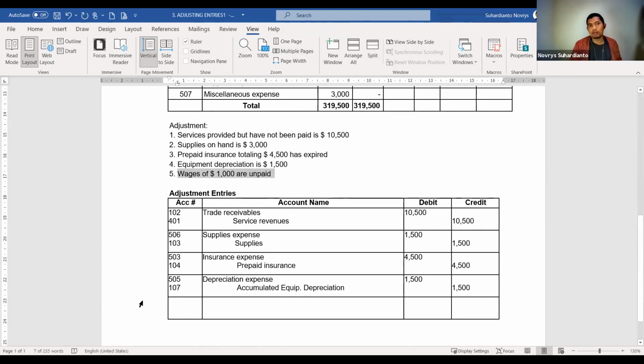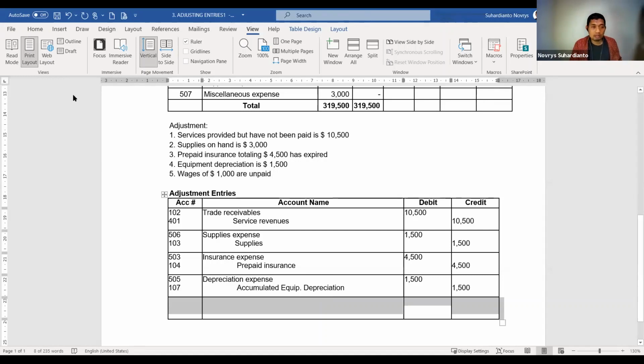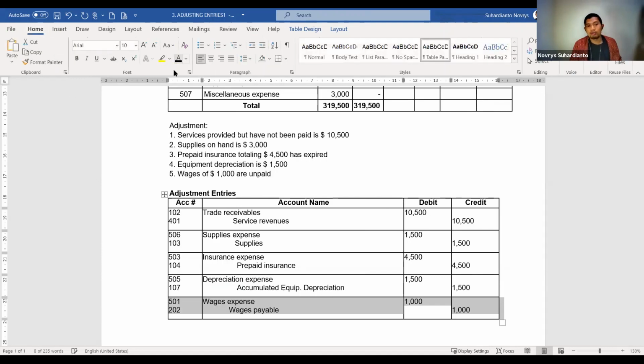That means we already consumed the benefit of the service from the employee, but we have not paid their salary yet. So when we consume the benefit of the employee, we record expense, but because we haven't paid their wages, we have to record payables. So here we debit wages expense and we credit wages payable.